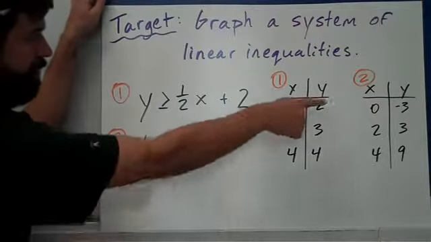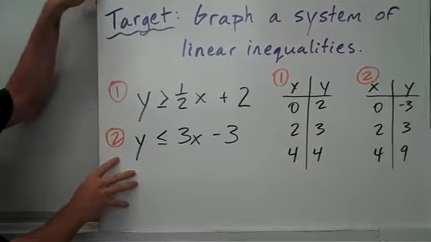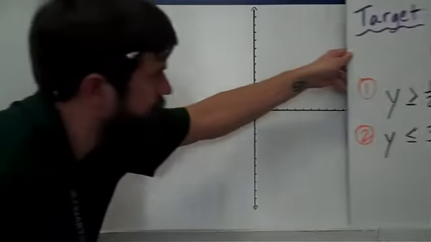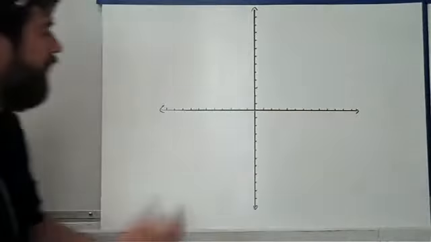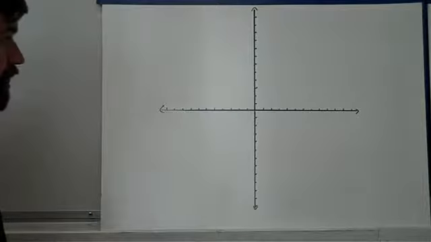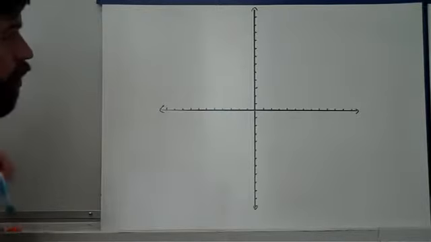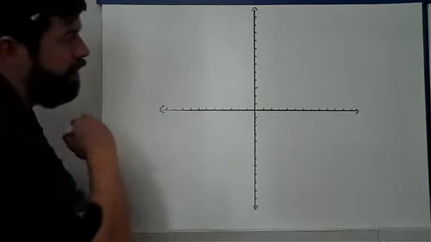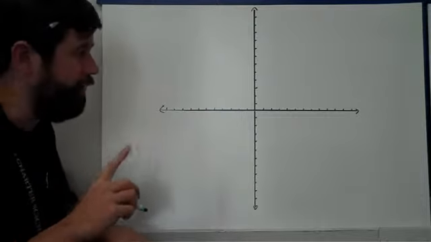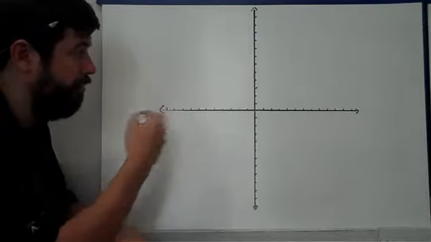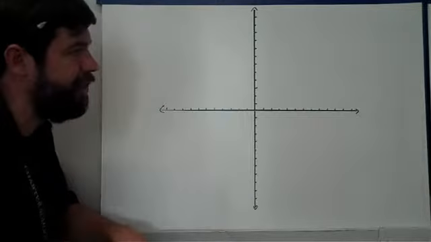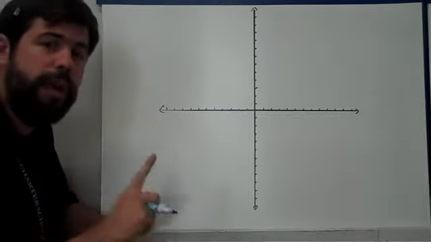Alright, and I've done the same for equation number 2. Now, once you have those written down, you can go ahead and graph them. I'm going to graph equation 1 first. And here's the most important part, and this is why I'm graphing them right here on the video instead of already having it done: you need to do one at a time.